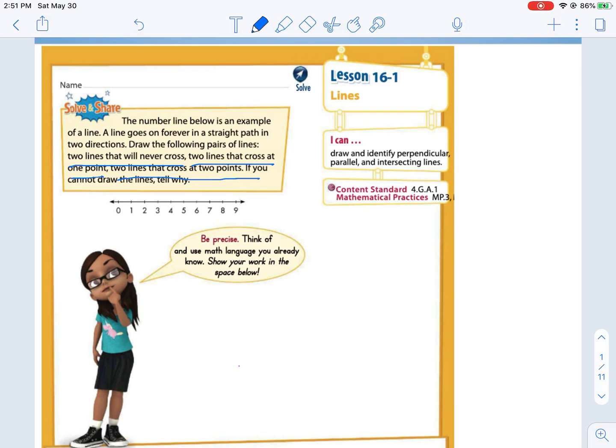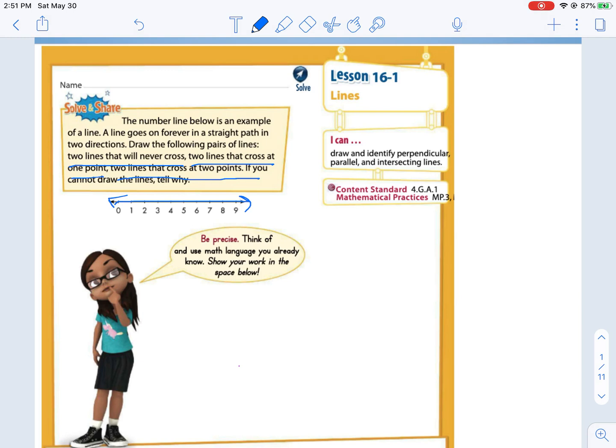If you cannot draw the lines, tell why. Again, remember, a line is something straight, just like this one, that goes on forever. And here's the hint. It says, be precise. Think of the use of a math line, which you already know. Show your work in the space below. So go ahead and try this out in your book, and then come back and see if we have the same answer.